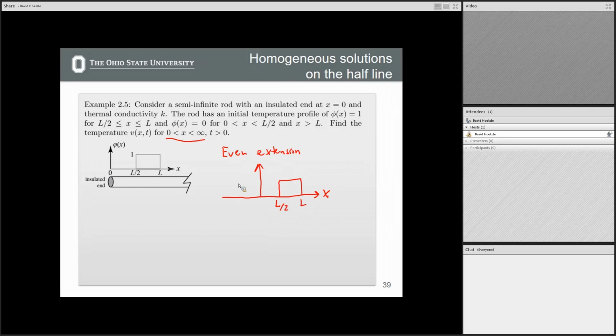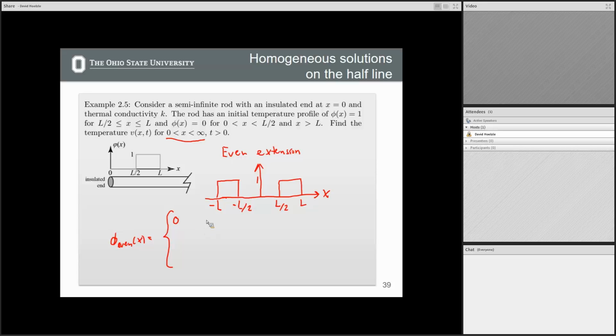We're going to do an even extension, which is basically just reflecting this function about the axis of x equals 0. And now this becomes, from negative L to negative L over 2, this function has a value of 1 as well. So if I had to write this out, I would say that phi even of x has 5 different parts.